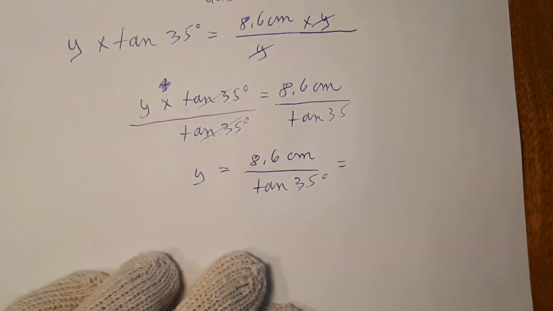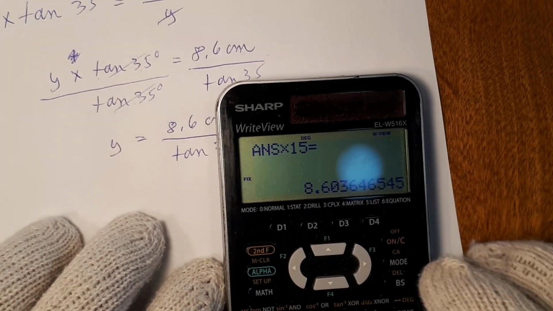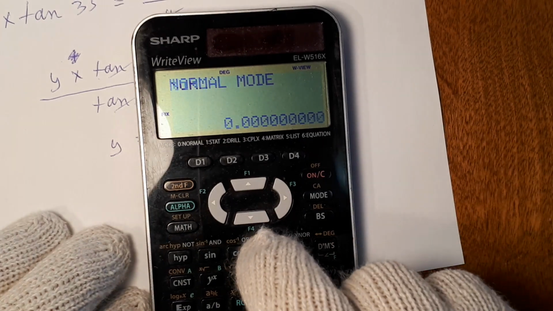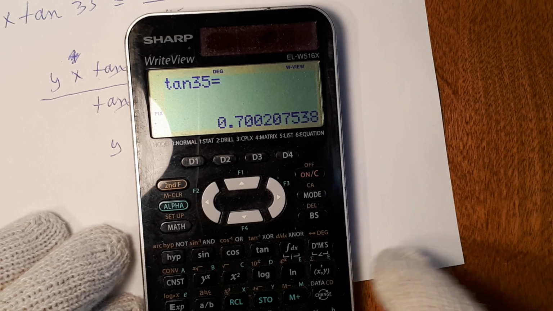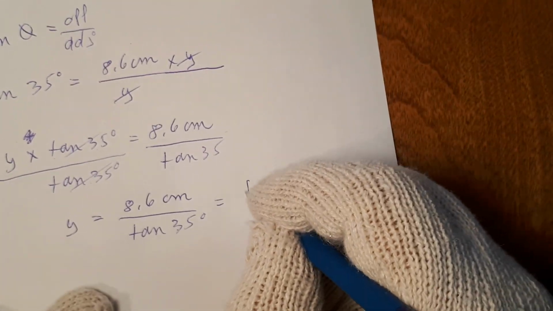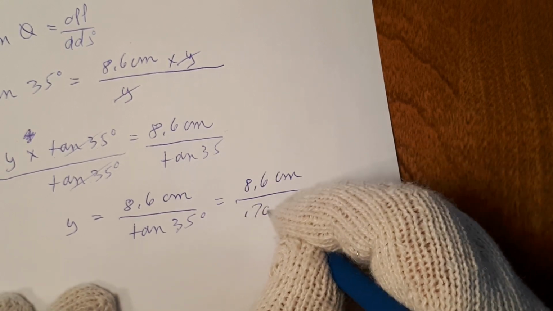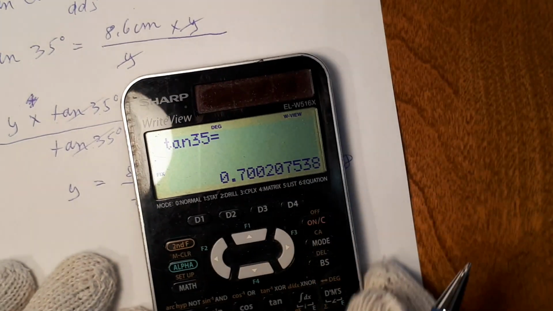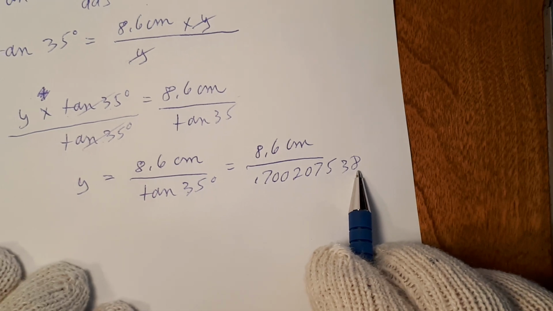Finding what tan of 35 degrees is in the calculator, this becomes 8.6 centimeters divided by 0.700207538 from the calculator.